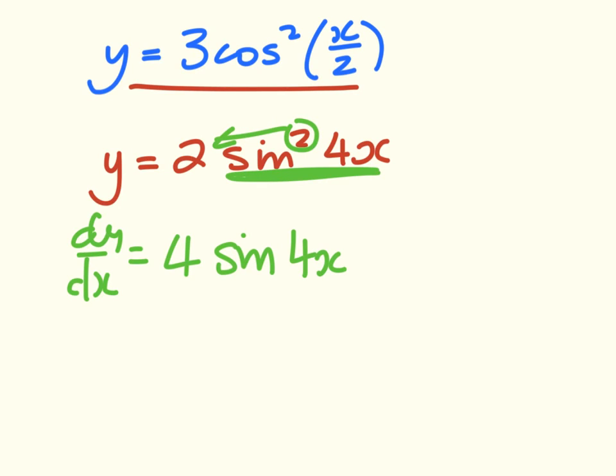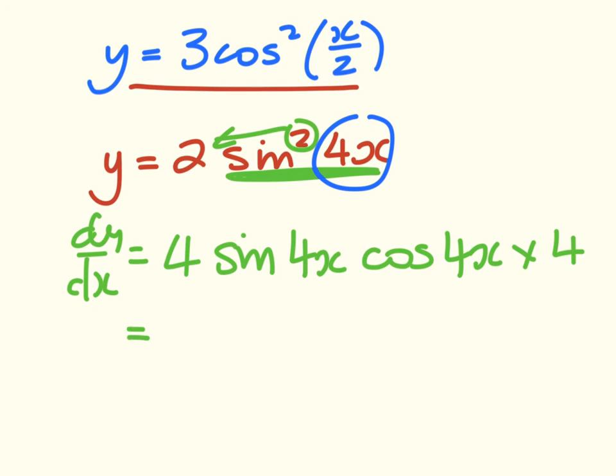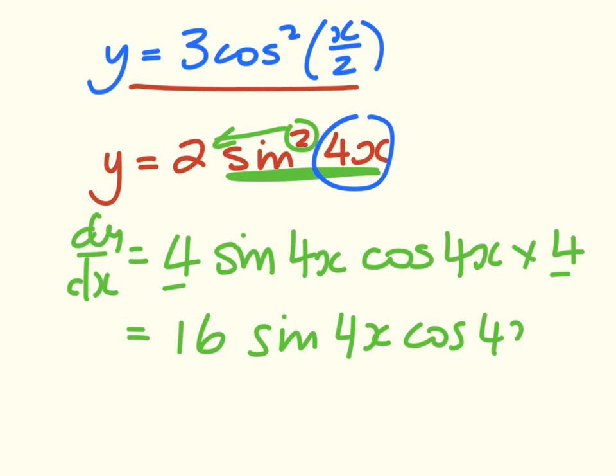Now the differential of sine is cos, angle doesn't change, and then you have to multiply it by the differential of the angle. So you have to multiply it by 4. So if I tidy all that up, this 4 times this 4 gives us 16 sine 4x cos 4x.